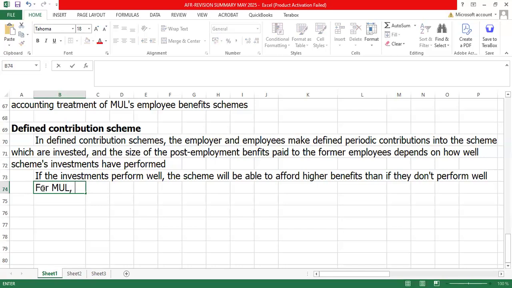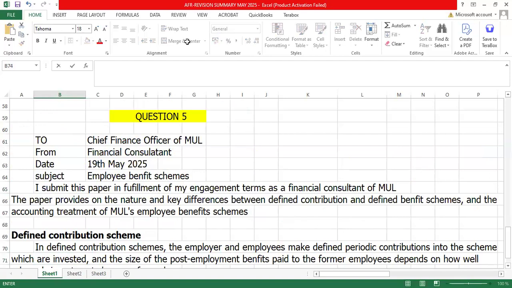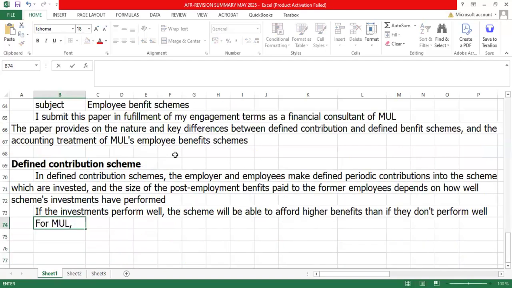Then now you switch to Moore's case. For Moore's case, we want to tell which scheme is the defined contribution scheme.